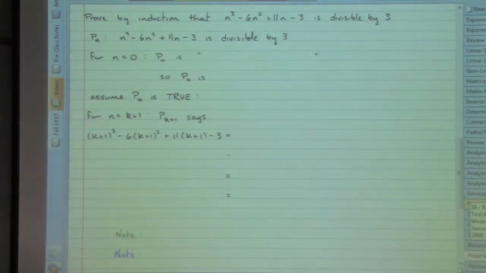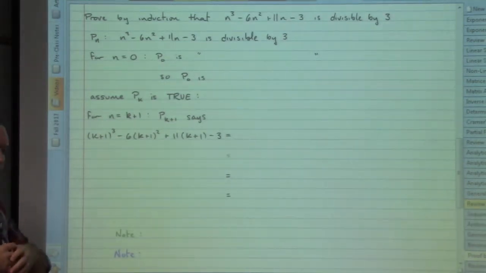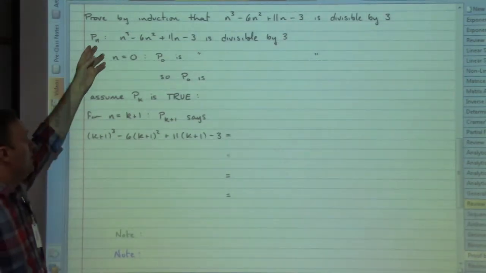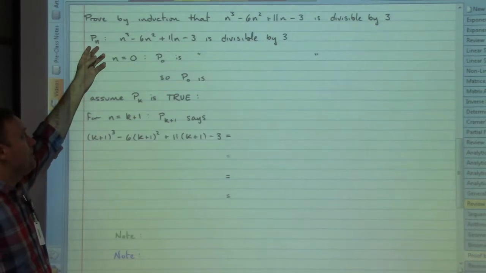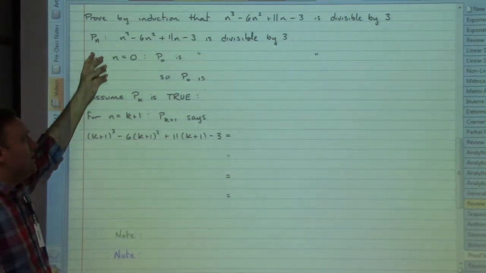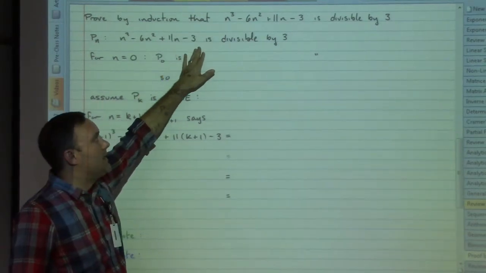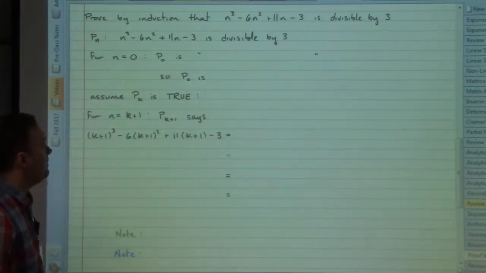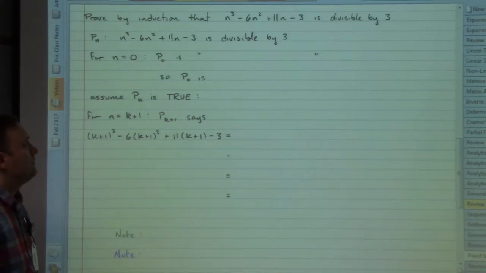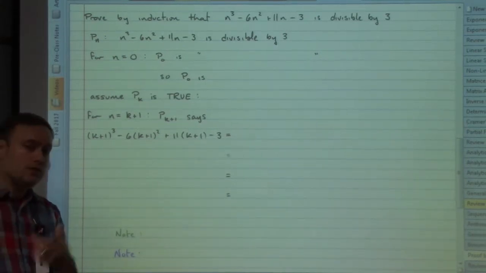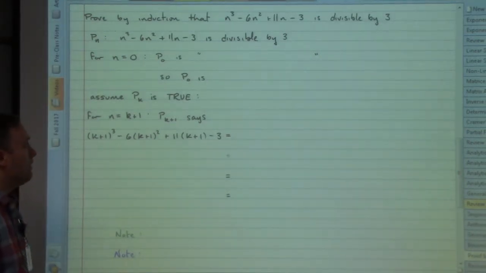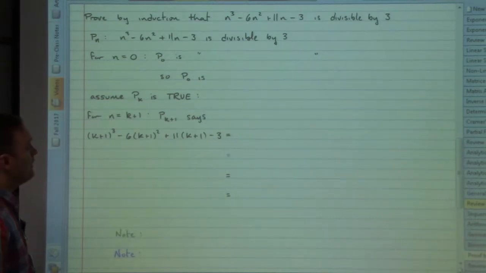So we are going to say for our general statement, P with the subscript n is the statement n to the power of 3 minus 6n squared plus 11n minus 3 is divisible by 3. Now we can try and see if we can plug in a 0 or a 1 for this.